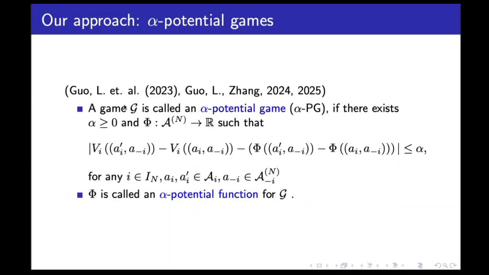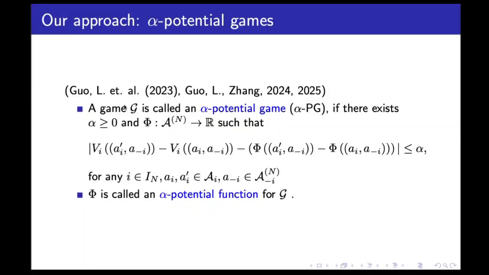Okay, so our intuition is pretty straightforward. We define this alpha potential game to say that instead of 0 here, we allow some error or gap alpha. So you have a little bit of flexibility to choose a function phi to make it bounded by some constant alpha.